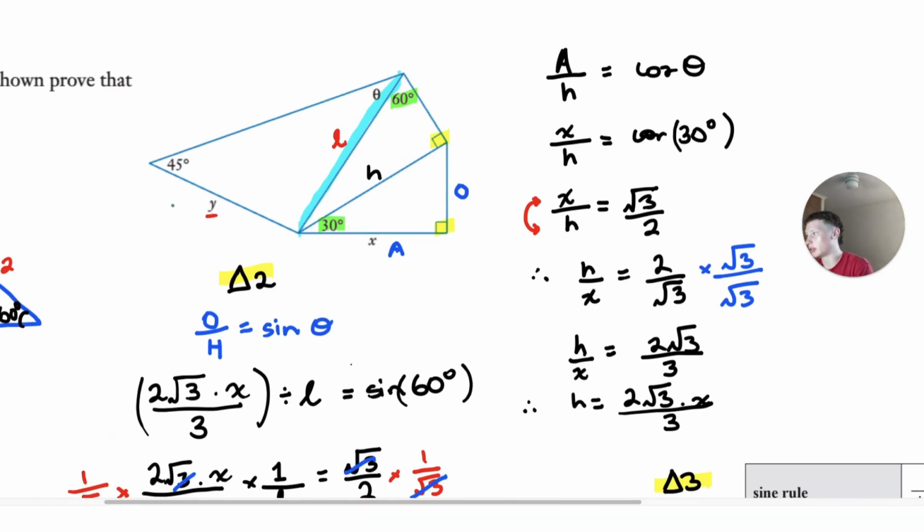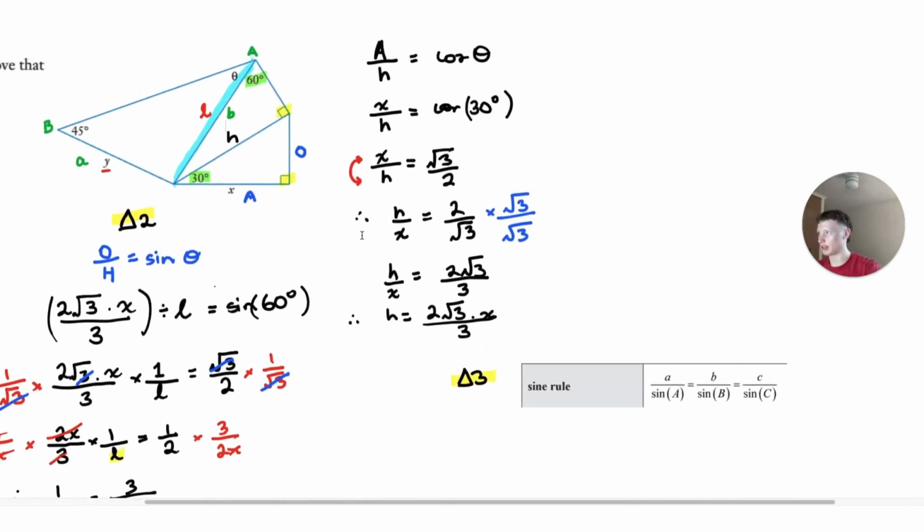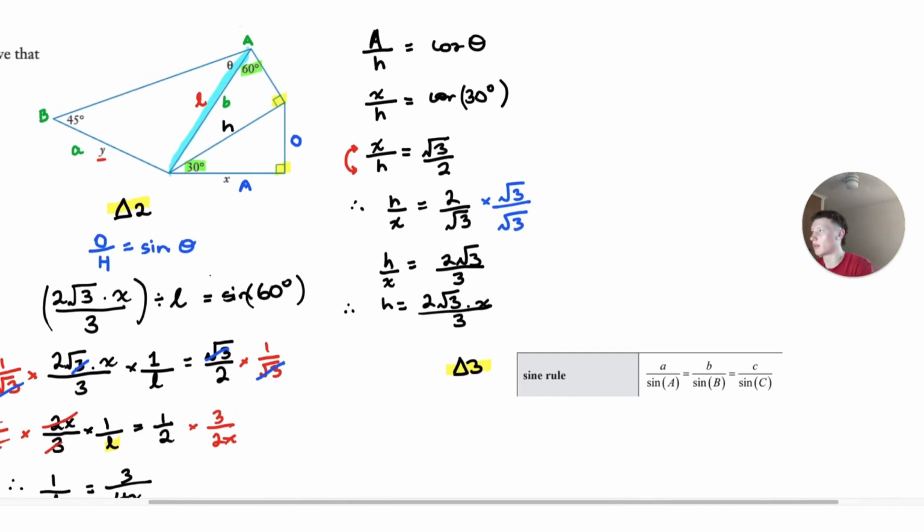So for example, you could think of y here as side A, and theta here as angle A. Similarly, we can think of 45 as angle B and L as side B. What that then gives us is a nice ratio that we can then solve.